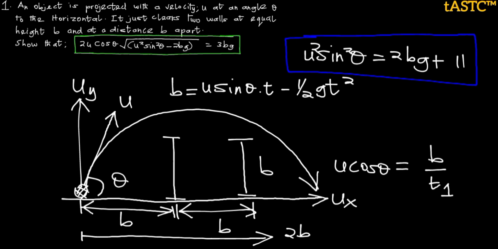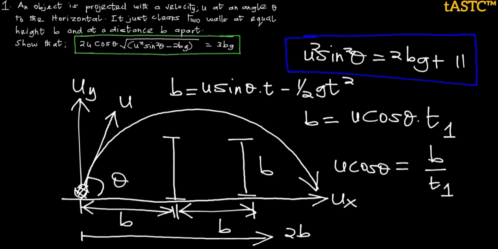So if we want to make t1 the subject of the formula, that is, well, rather making b the subject, b is going to be equal to u cos theta multiplied by t1.